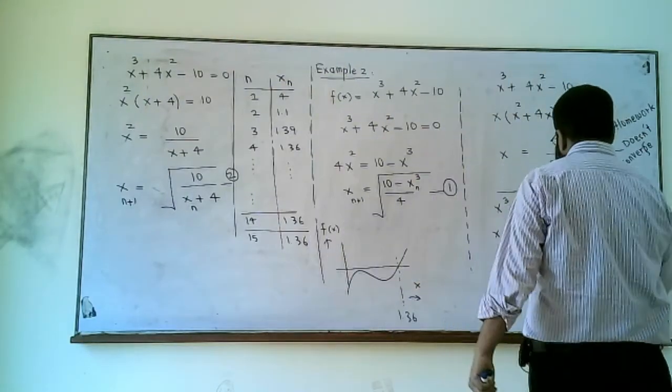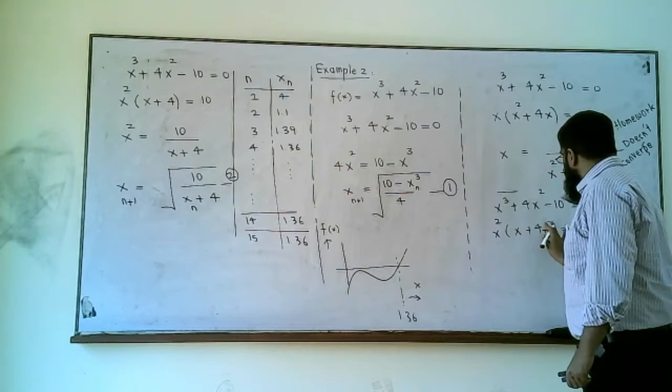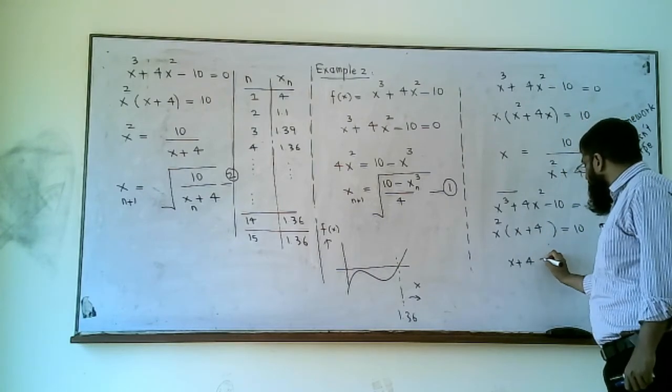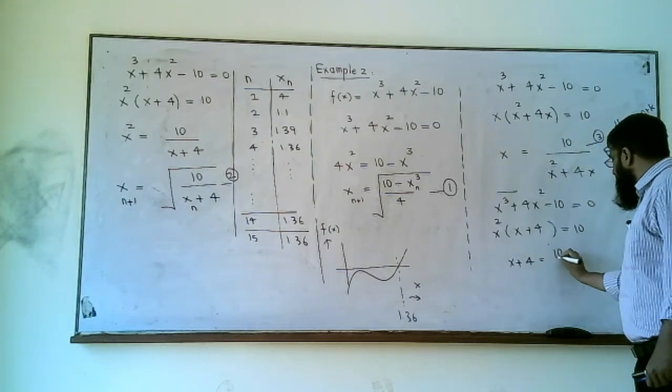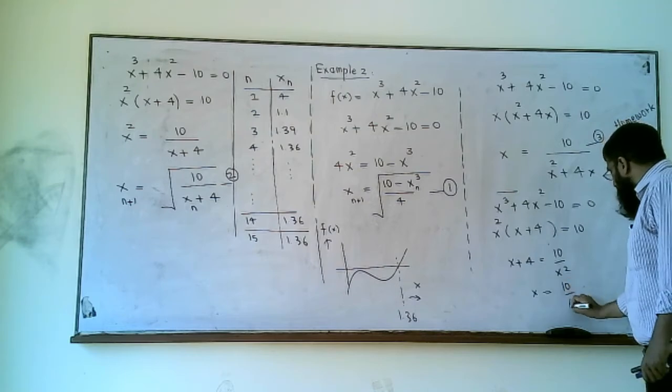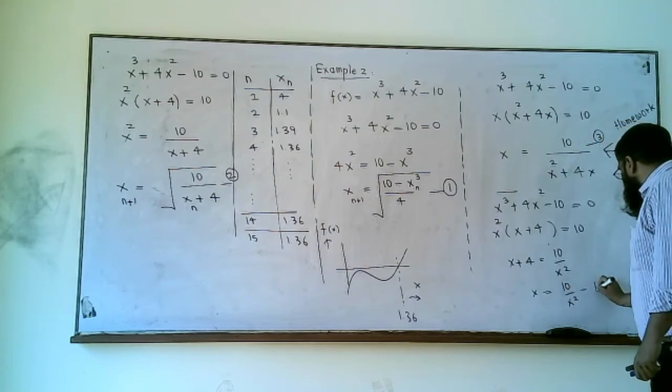In fact, if we take x squared common, this is x plus 4, and then taking x squared on the other side of the equation, 10 over x squared, and then x is 10 over x squared minus 4.